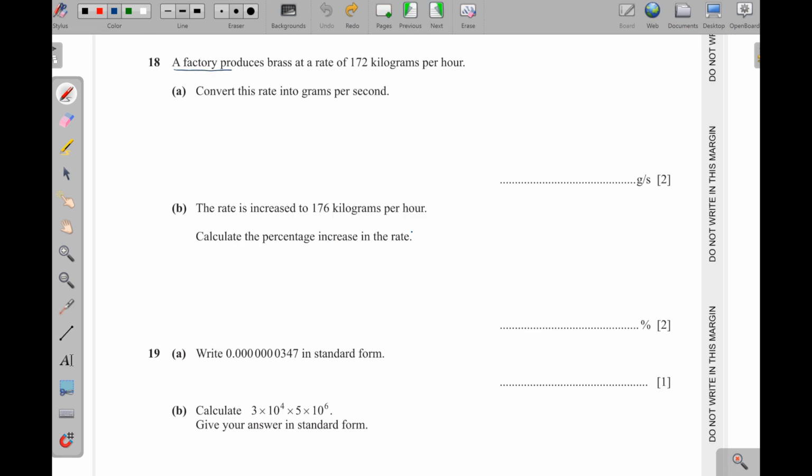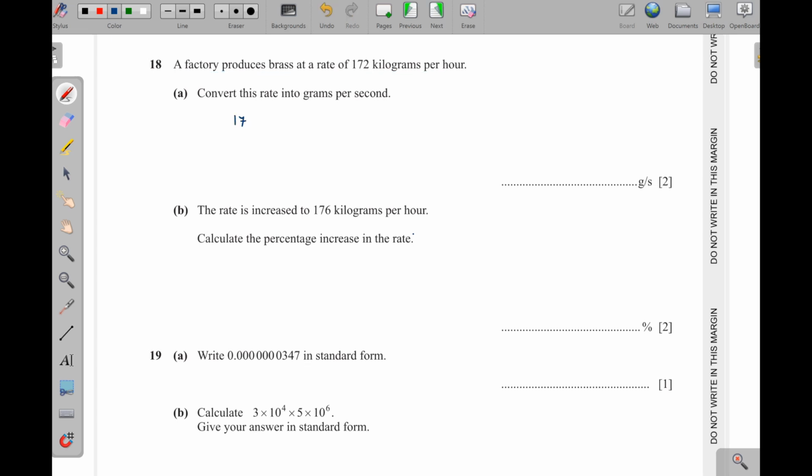Question 18. A factory produces brass at a rate of 172 kilograms per hour. Part A: convert this rate into grams per second. So we have 172 kilograms, then we are dividing it by 1 hour.